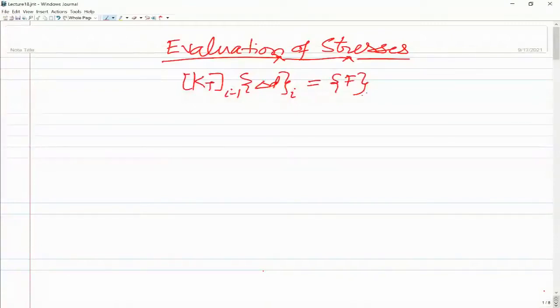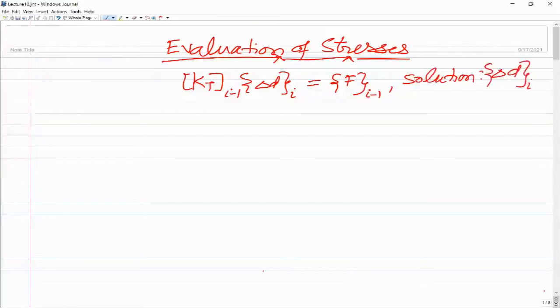So this entire load vector corresponds to the previous iteration. This is the final equation after the application of Newton-Raphson, assembly of all the elements, and imposition of boundary conditions. If you solve this, the solution is delta d i, that is what we would solve.